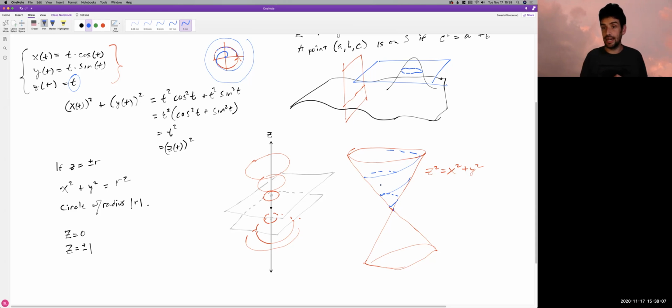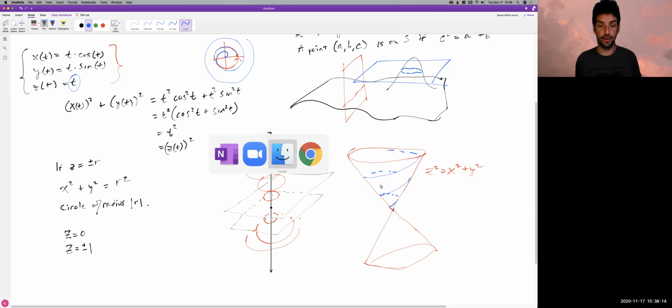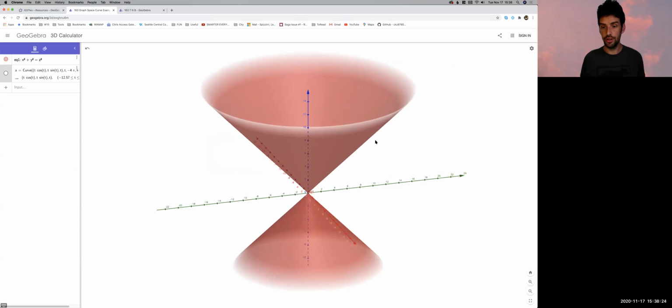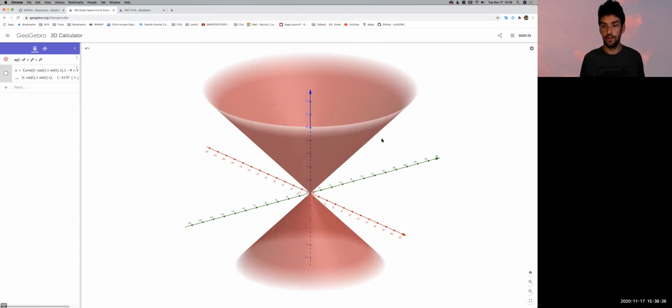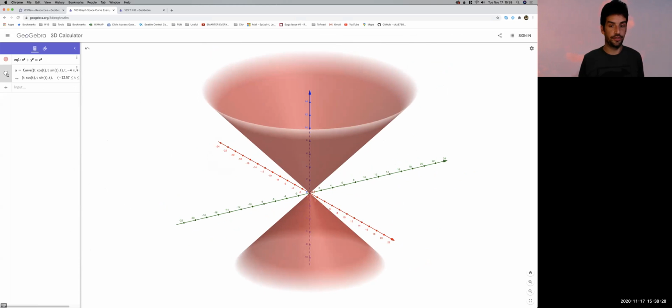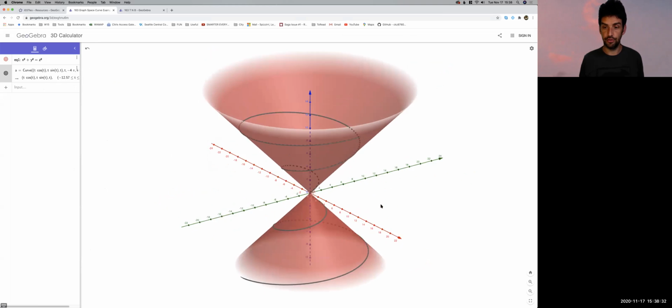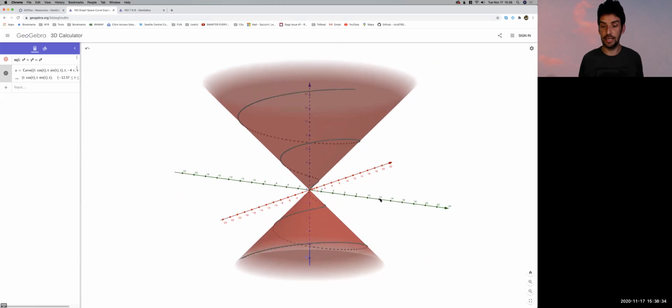But let's go to a program, some graphing software, to look at what this actually looks like, or a better picture of what it looks like. So here's our XY plane. Here is that cone. And now here is the curve, right? I don't have it graphed to infinity, so it stops, but in reality, it keeps going.